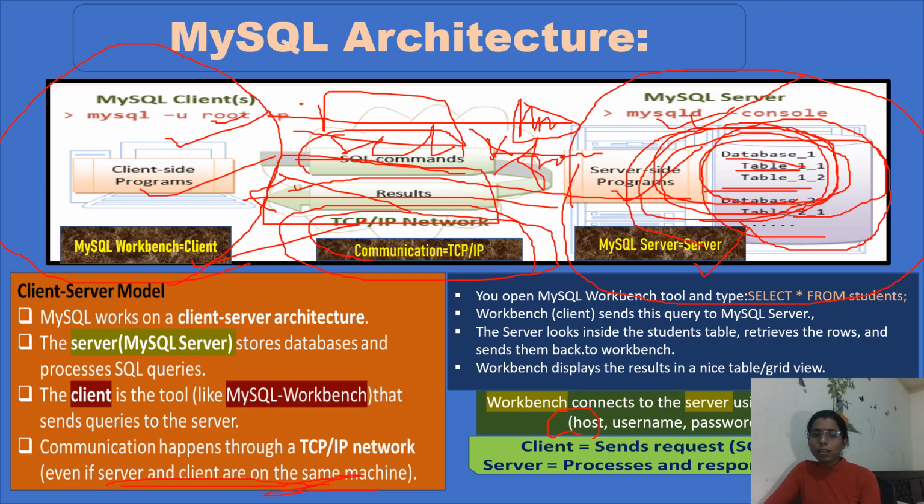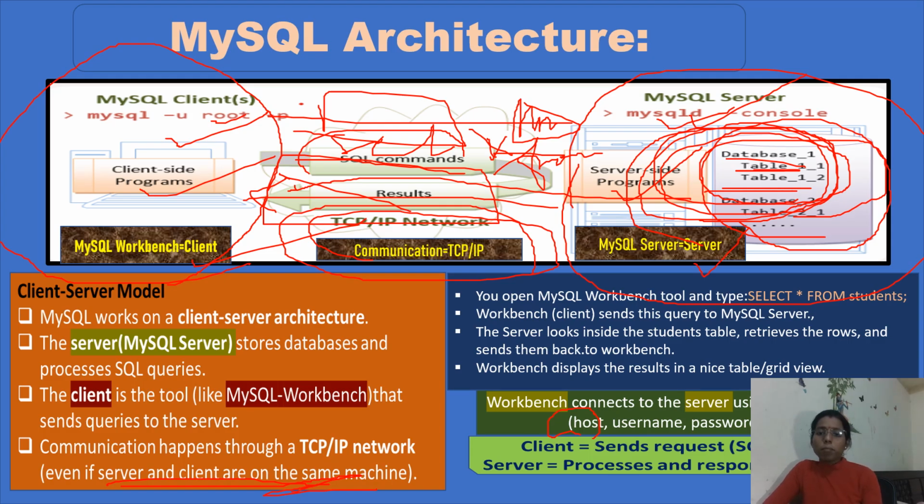Suppose I am working on my system and my database is also here: my client is here and my server is also here. So I don't need to reach out to anyone for the data. Both client and server are present on that machine, so I will use the host as localhost.